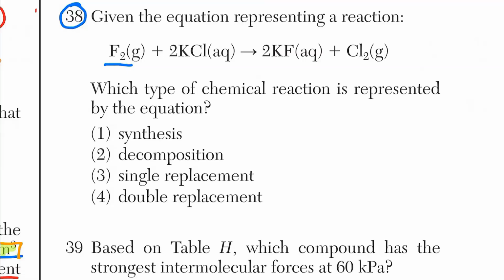And if you notice on the product side, which I call the future, the K bonds to the F and the Cl's by itself. So what happened is F saw K and Cl dancing and it just basically cut in and replaced the Cl with just one F. There was just one replacement. The Cl was kicked out and the KF are now dancing.